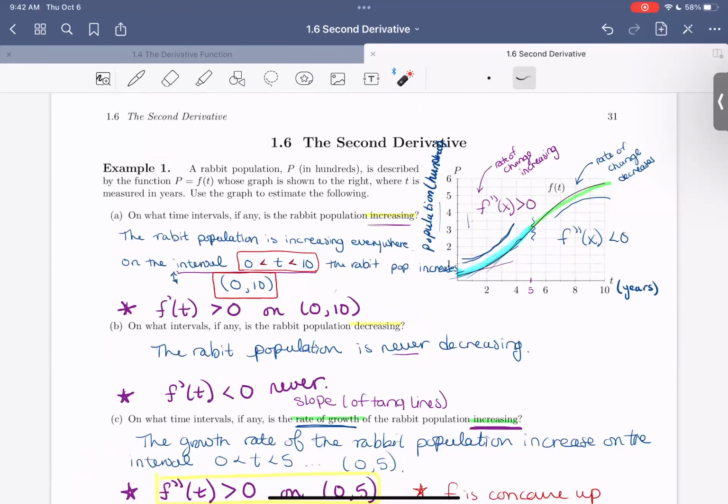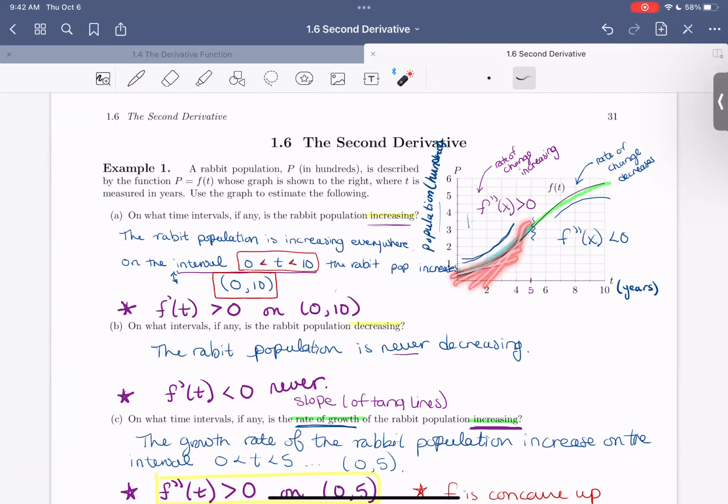So first derivative increases, second derivative positive. Just like we saw, first function increases, first derivative positive. Just want to repeat that pattern so that we can get a little more familiarity with it. So what does that mean for the population growth?